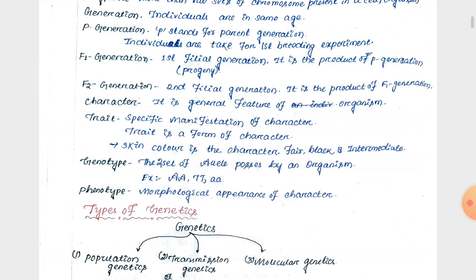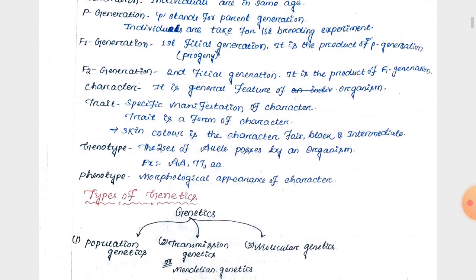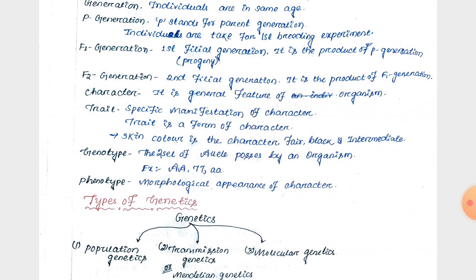In genetics we use different generation terminology, like P generation meaning parental generation, F1 generation, F2 generation, F3 generation, and so on. P generation is the generation showing the parents, that is the parental generation, right?